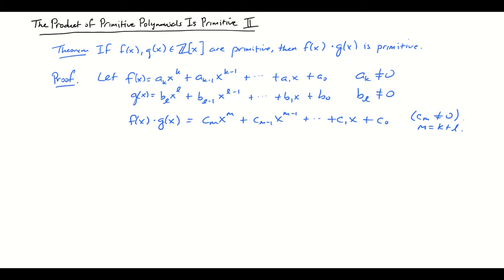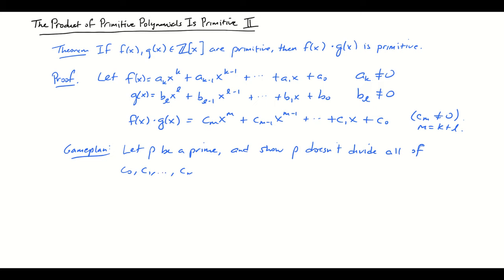All right, so here's the game plan. We're going to let p be a prime number, and we're going to show p doesn't divide all of these coefficients, c_0, c_1 through c_m.